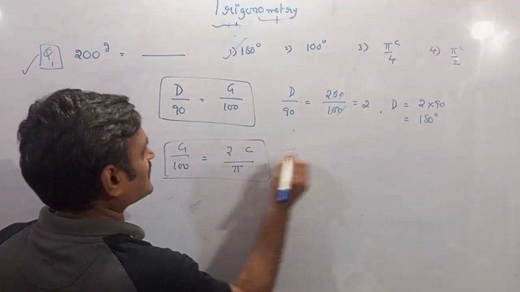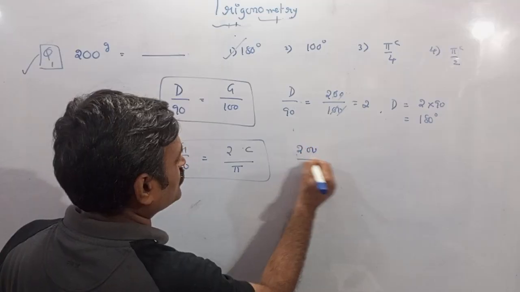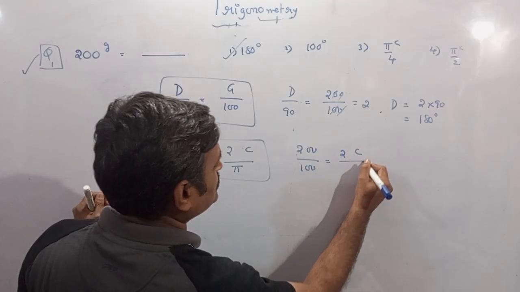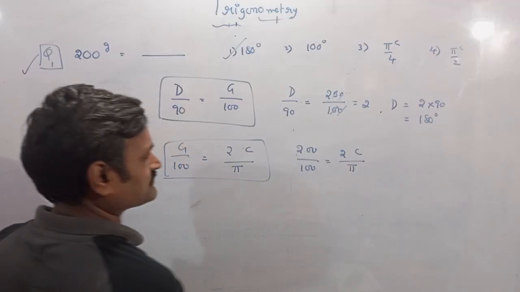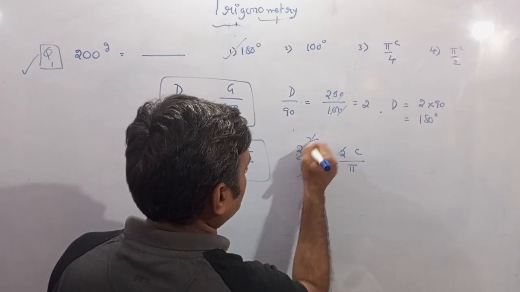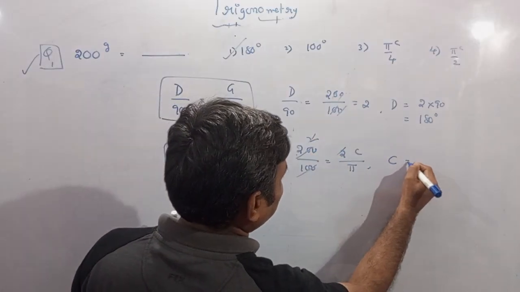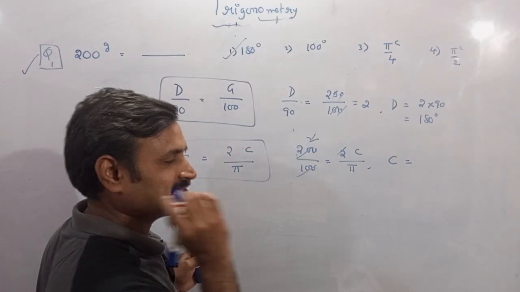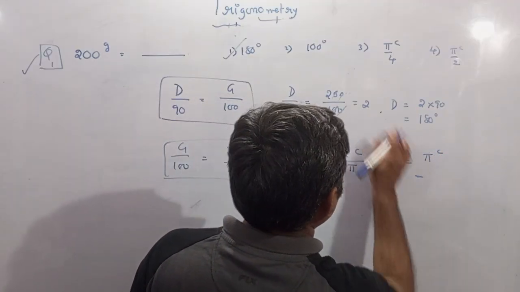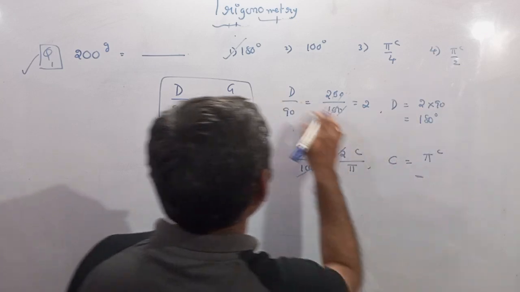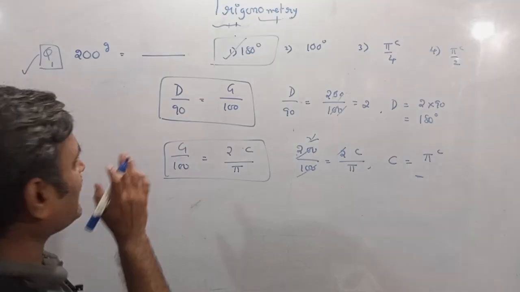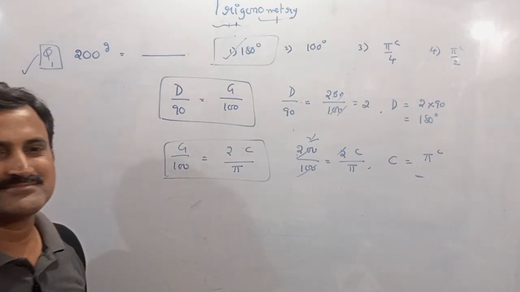Then 200 by 100 is equal to 2C by pi. Now this is 2, the 2s got cancelled. Then what is C? C is nothing but pi. So finally we are confirming 180 degrees is the right answer for this question.